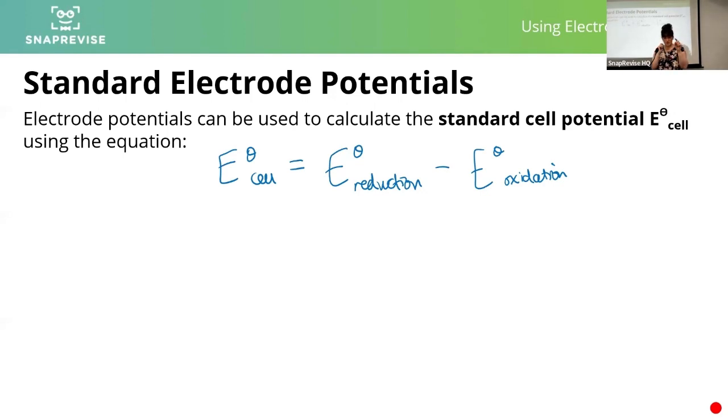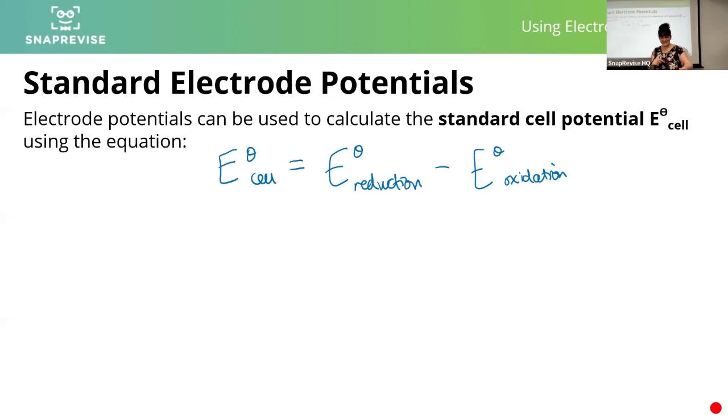But for me, that's another thing to remember, reduction minus oxidation, and to remember it's that way around. It's the electrode potential for the half cell that is reduced minus the electrode potential for the half cell that is oxidized. That's actually what this equation means. In both cases, I'm using the values that you're given in the tables, even though in the tables, they're both shown for reduction.